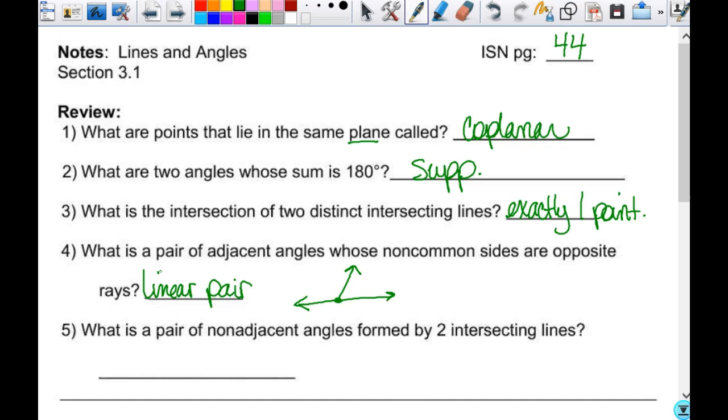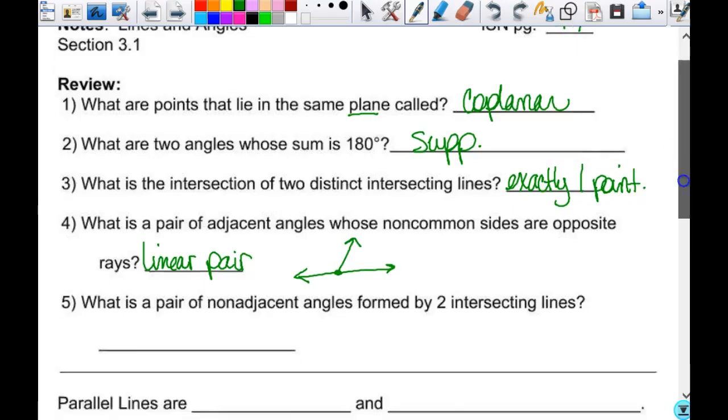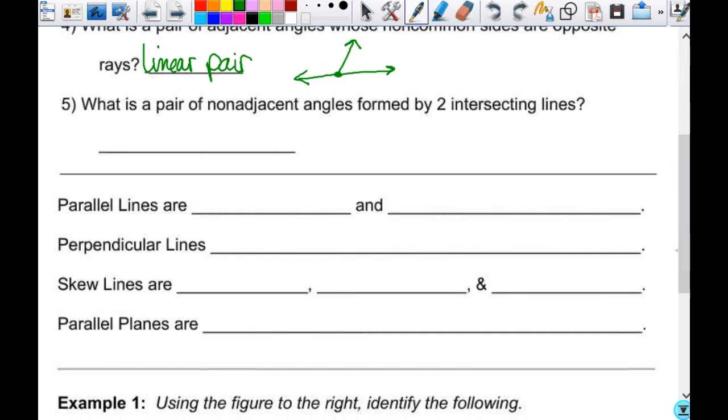Okay. Pair of non-adjacent angles formed by 2 intersecting lines. What are those called, Elias? Here's my intersecting lines, right? Don't be telling them the answer because your name isn't Elias, right? Pair of non-adjacent, so these are adjacent, that makes these non-adjacent.